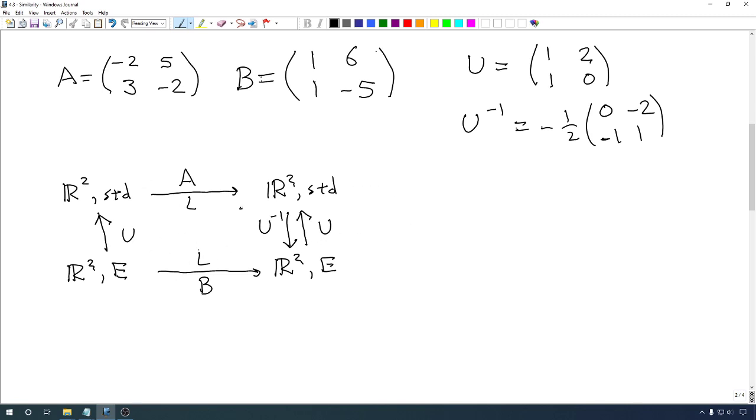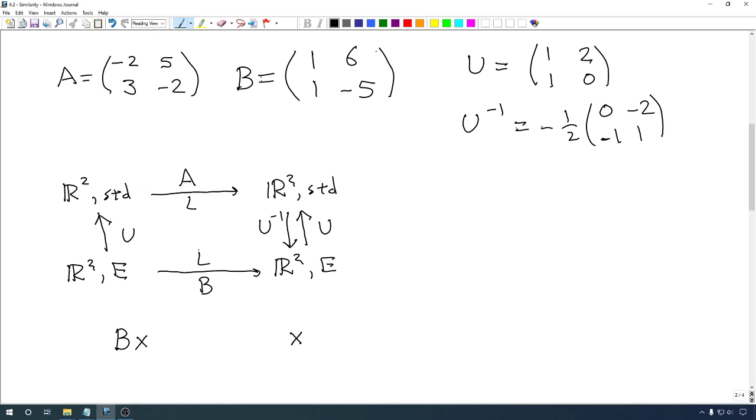If we want to actually think about how these are related, we can just follow the arrows. Think about if we start over here in this version of R2, and we want to end up over here. Well, we can go straight there by multiplying by B. So a vector over here, let's just say a vector x, we can get the result over here by multiplying by B. Or we can start here and move it into the standard basis.